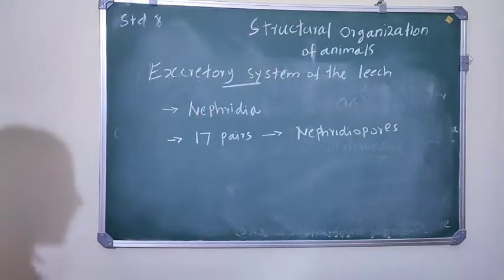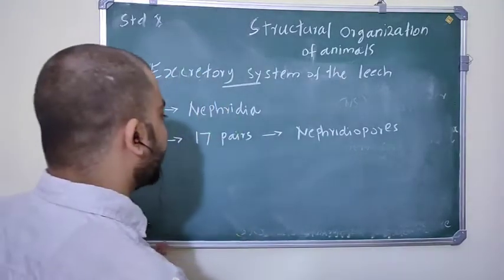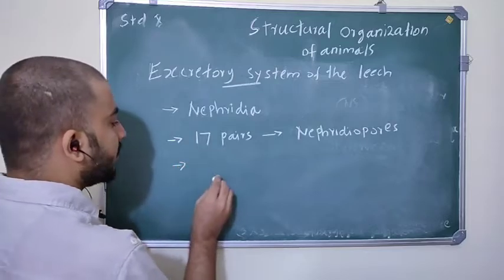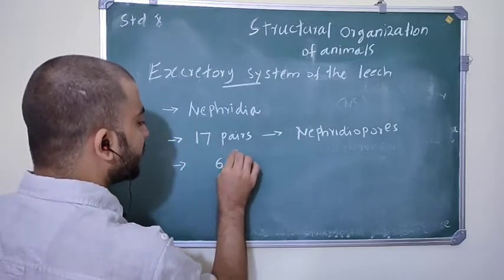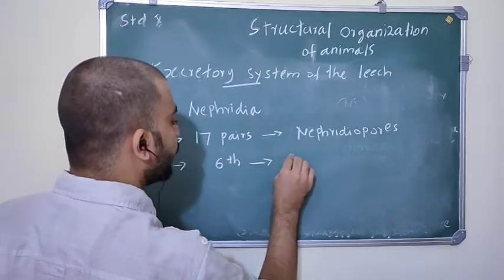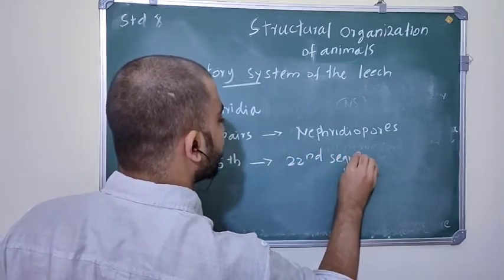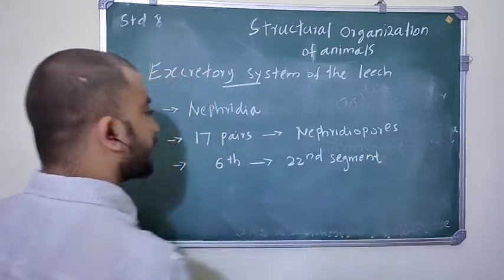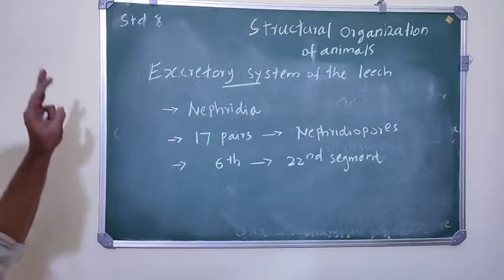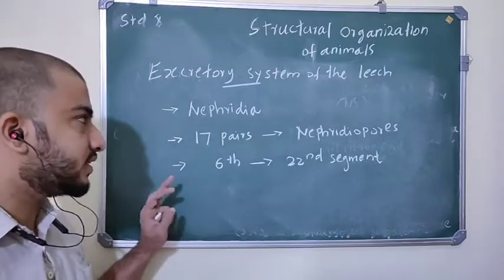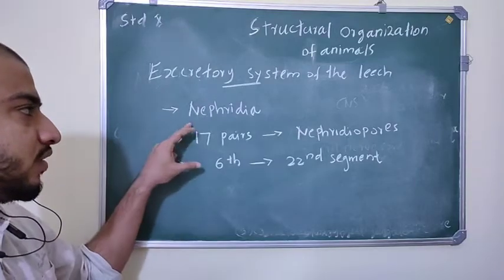Okay. And these nephridia are present from the 6th segment to the 22nd segment. Okay, so these are the main important points about the excretory system. The excretory organ is nephridia.